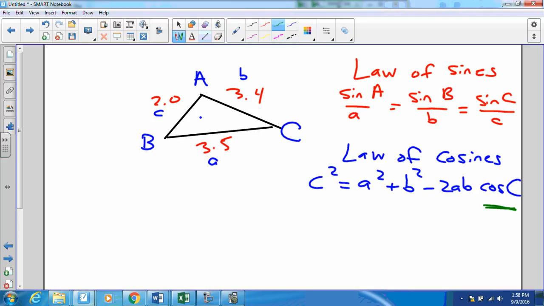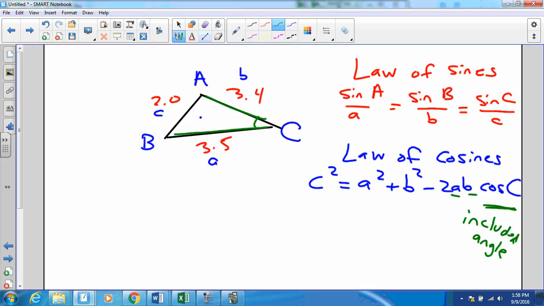Because the angle that is talked about here is always the angle that is included between the two sides. So this is the included angle, included between the sides A and B. Okay?